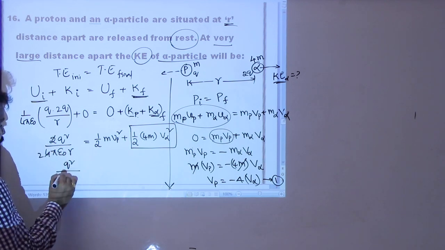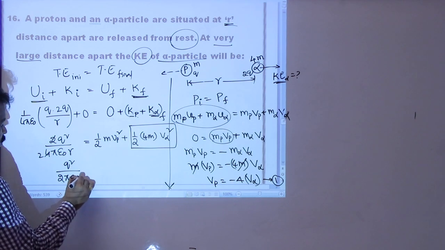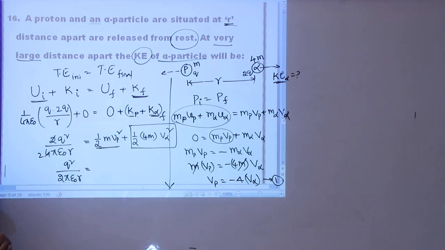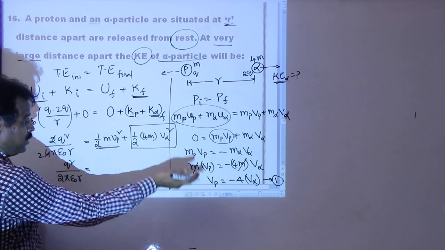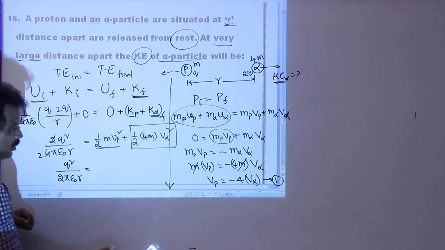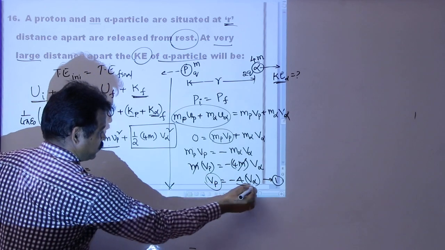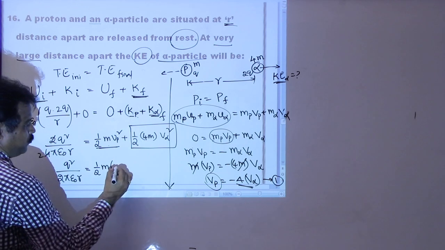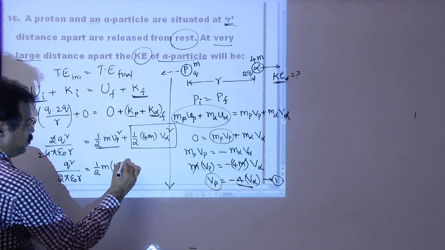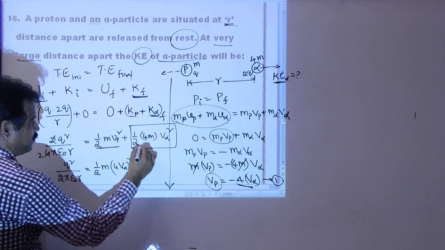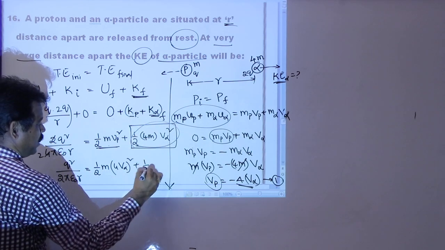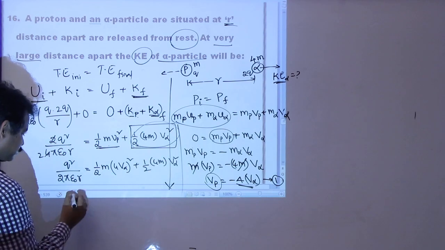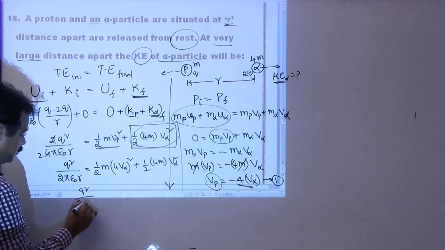So here 2 gets cancelled. q square by 2 pi epsilon naught r is equal to this kinetic energy of proton. But I want this in terms of kinetic energy of alpha particle. In place of Vp you can write 4 V alpha. So half m, in place of Vp I am writing 4 V alpha whole square, plus this will be half 4m V alpha square.